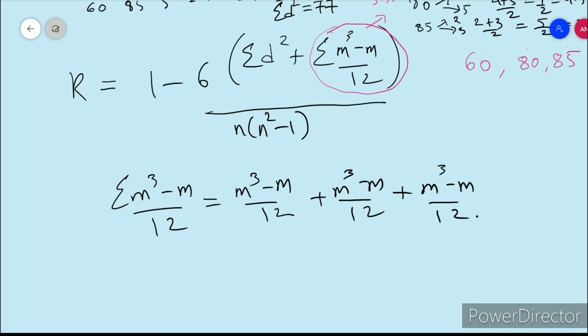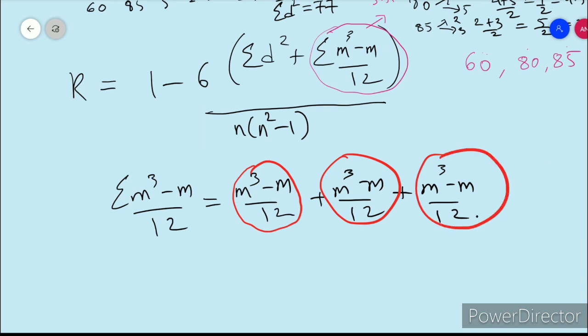So next we have to determine this, this and this. We already know what the items that were repeated. From the X series it is 60, from the Y series we have 80 and 85. So let us look at this part first.